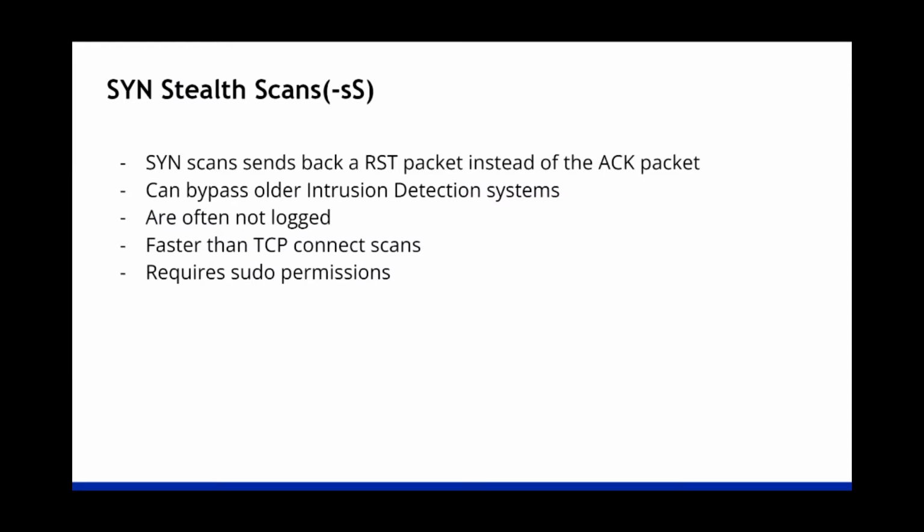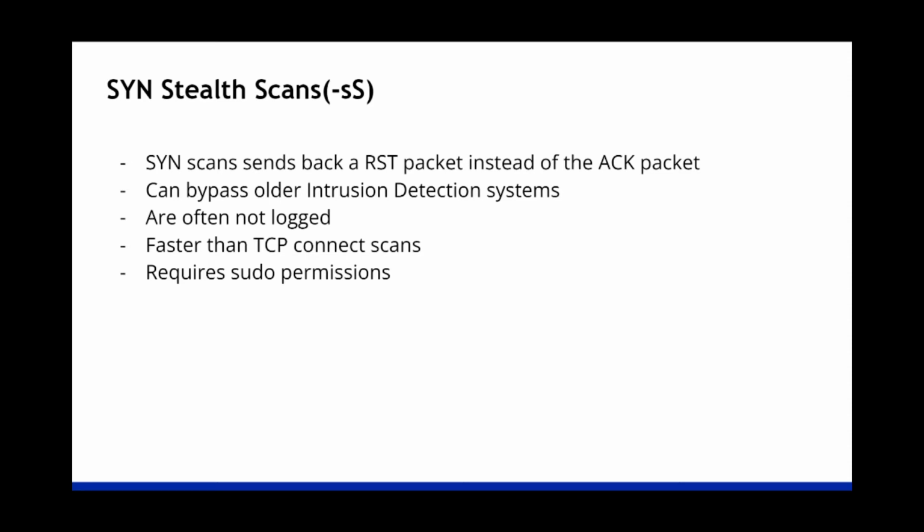After that, we have a SYN stealth scan. What the difference between a SYN stealth scan and a TCP Connect Scan is that instead of performing a three-way handshake, we perform half of it.